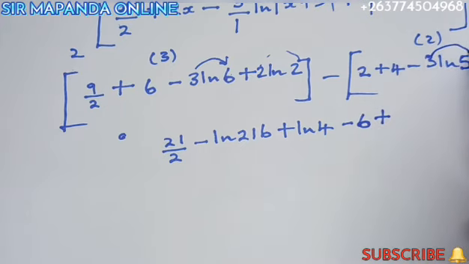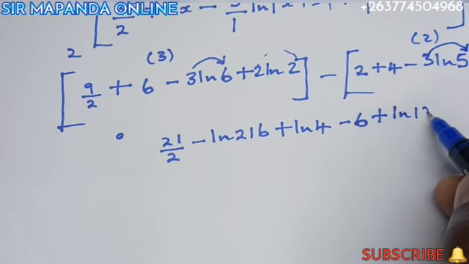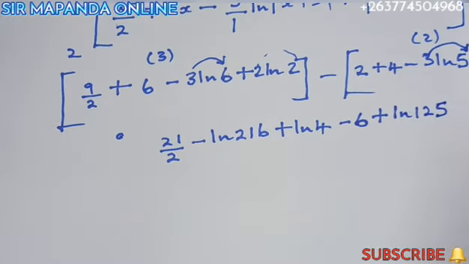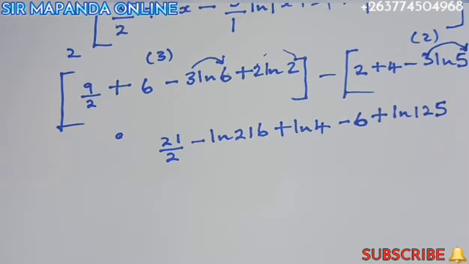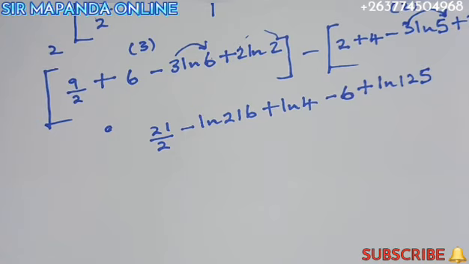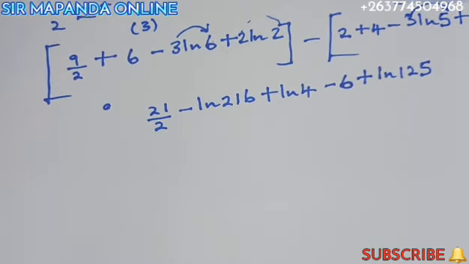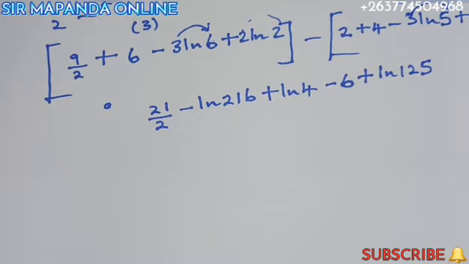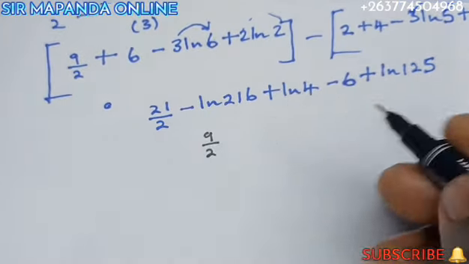If you put 3 on 5, you get 5 to the power of 3, which is 125. So it's plus ln 125. But this one, you can ignore it since ln 1 is as good as 0. I hope you are following. So 21 over 2 minus 6 are like terms. 21 over 2 minus 6, you get 4.5, which is as good as 9 over 2, right?